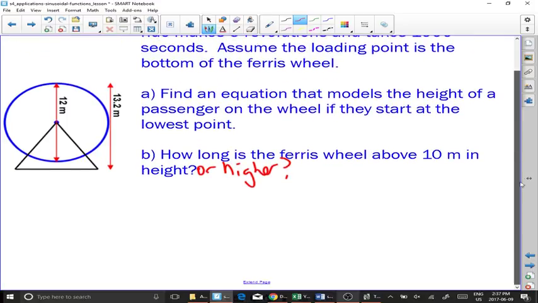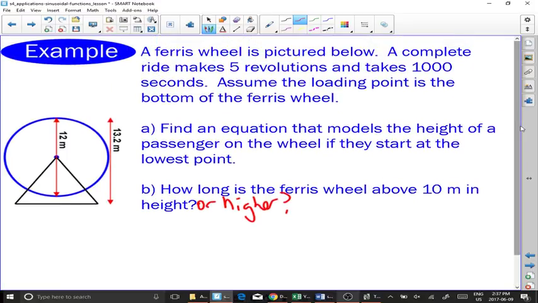Okay? To answer part A, really what we're going to try and do here is we can either do one of two things. We can take the information that's given in the first paragraph and we can make a table out of it, or we can graph it. Either way. But we have to take it and interpret it somehow.